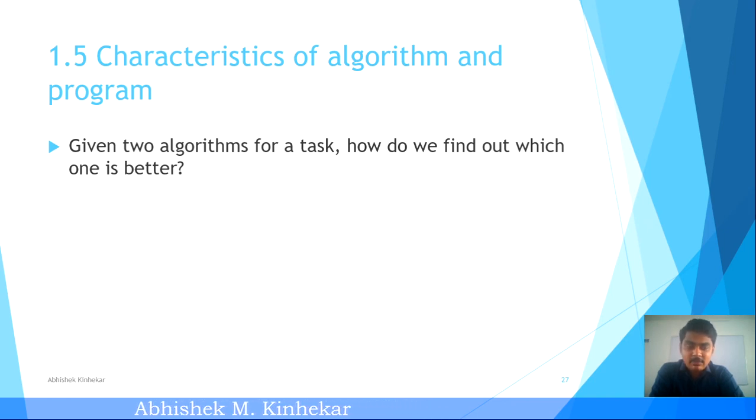The amount of time the algorithm consumes with respect to operations and the amount of memory it uses define the complexity of an algorithm, and complexity is the major term based on which we perform the analysis of algorithms. Why exactly is this analysis required? How do we analyze different algorithms? And what exactly is the process of analysis of an algorithm? That we will see in the next portion of the lecture.